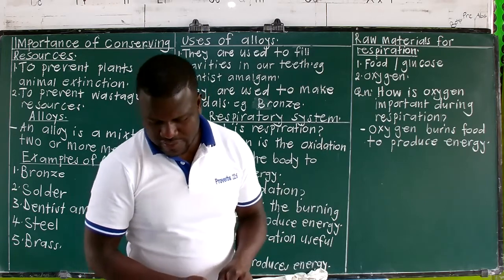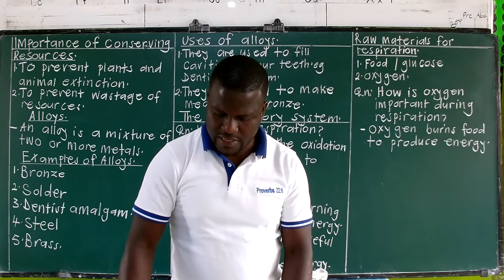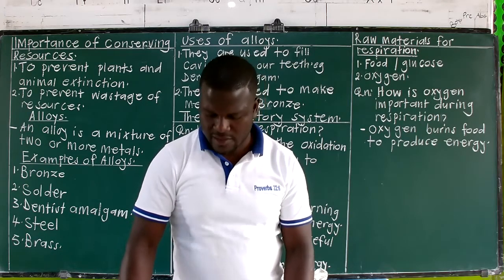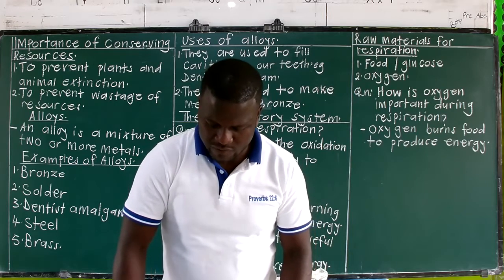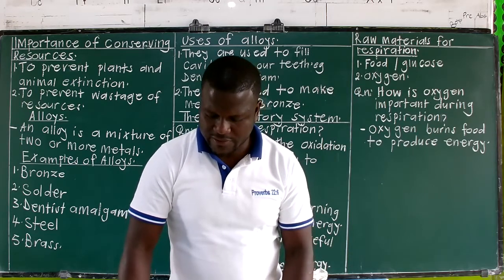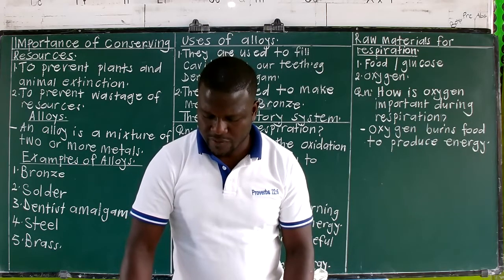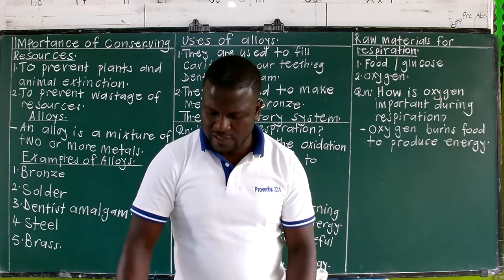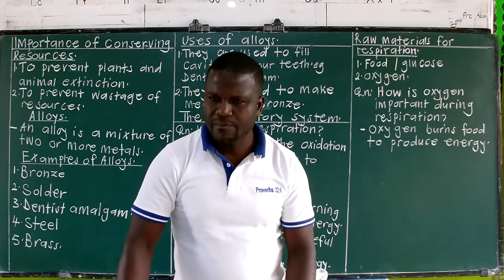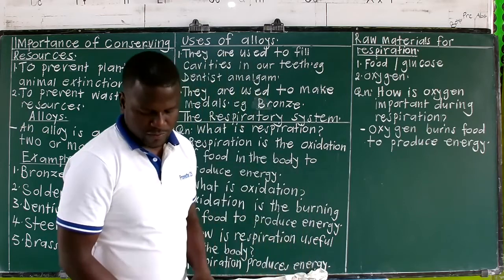Food plus oxygen, we get energy, carbon dioxide, and water vapor. So energy is the main product, then carbon dioxide and water vapor are the byproducts. So that's the formula for respiration.